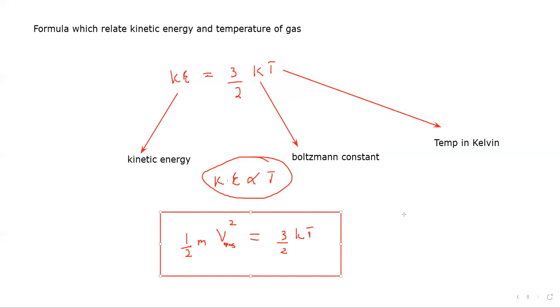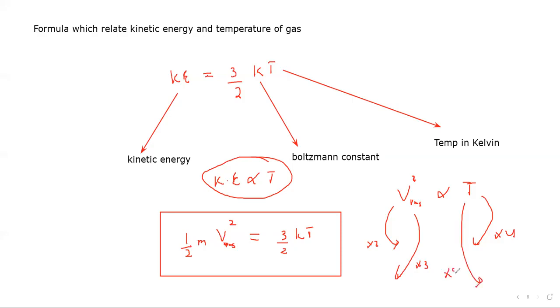From this formula, the root mean square speed squared is proportional to temperature. It means if I double the speed, the temperature will increase by 4. If I triple the speed, the temperature will increase by a factor of 9. So it varies with a square. Is it clear? That is the relation between the temperature and the kinetic energy of the gas molecules.